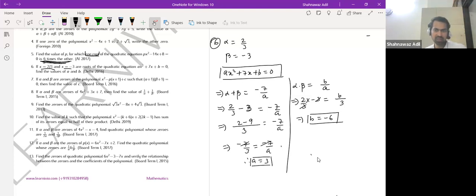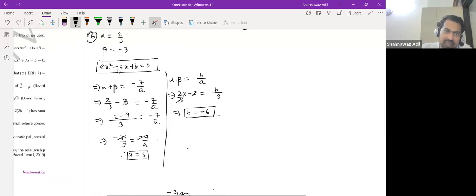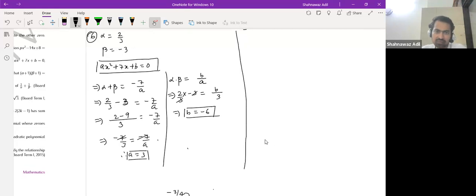And there's one more method. I guess that would be the lengthy method. If alpha and beta are the zeros, what does this mean? If I put x equals 2 by 3 in here, this should give me 0, right?